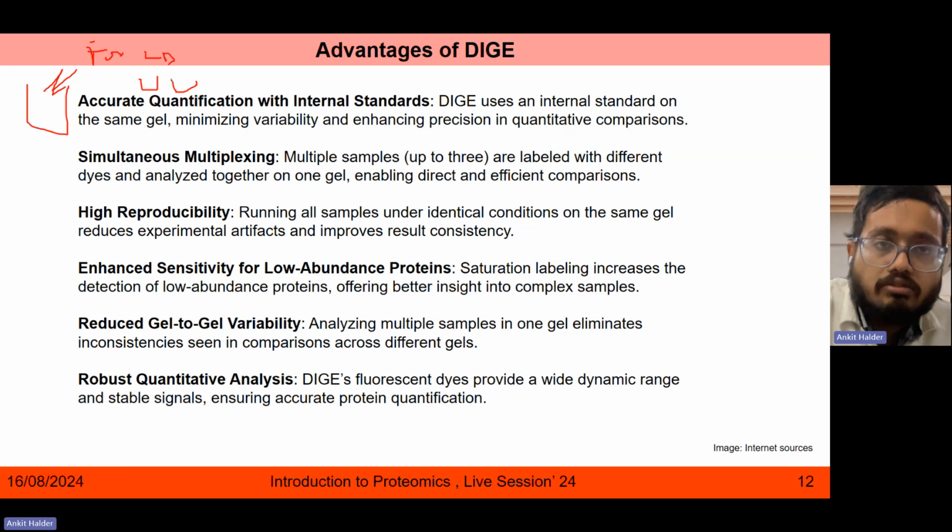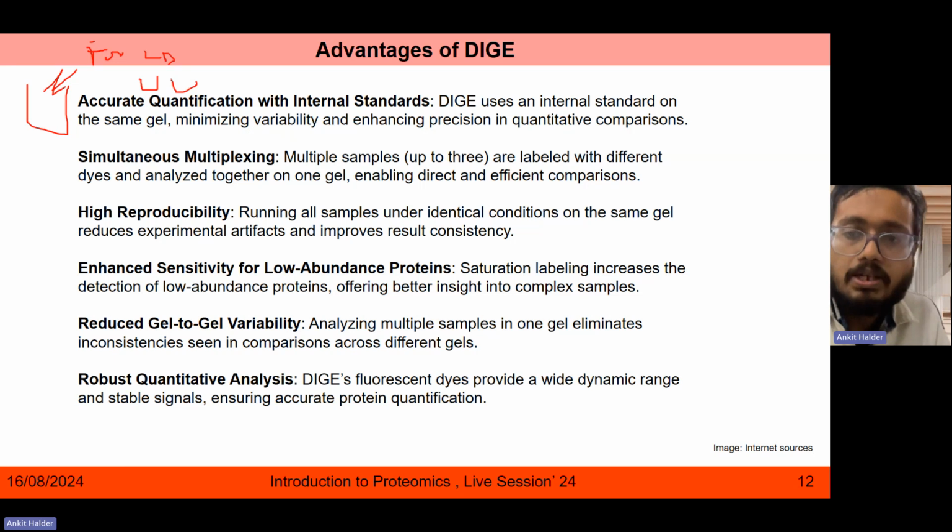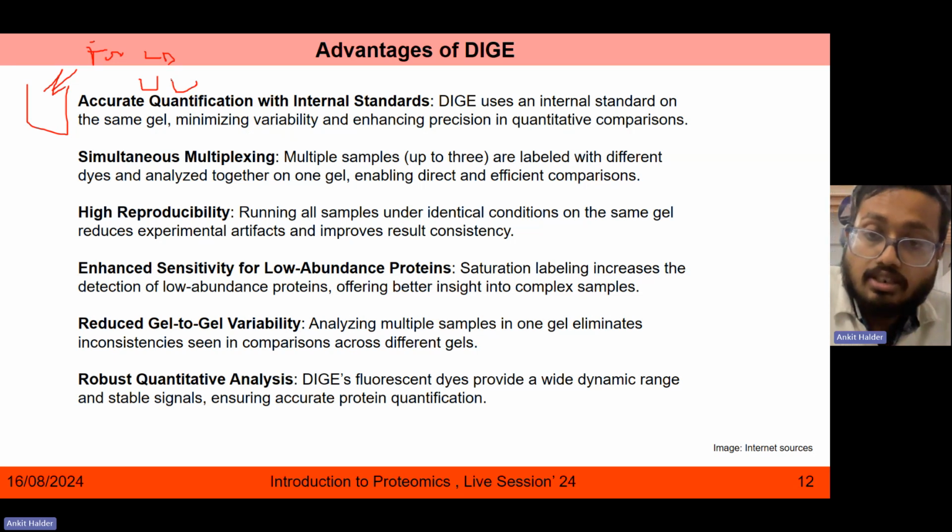But with dyes, since at least two conditions are run in a single gel, and there are such five gels, it becomes easier to compare because there is no run to run variation between at least two conditions, and they are subjected to the same experimental conditions.